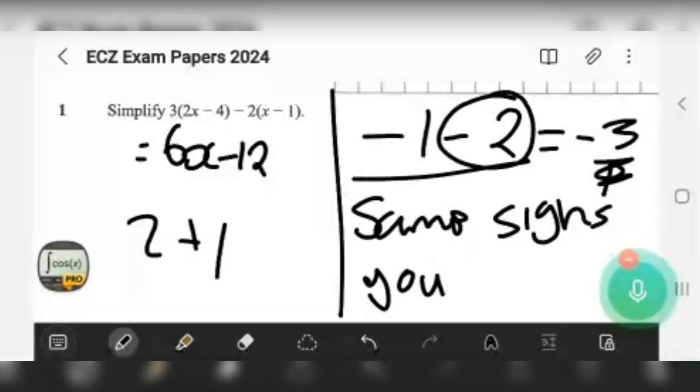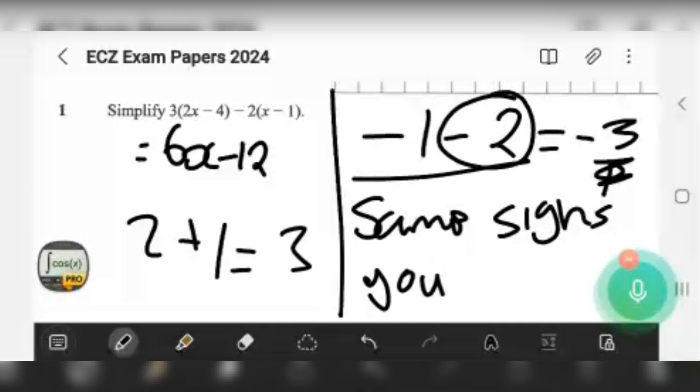Negative 2 is not bigger than negative 1, but forget about the sign and look at the number. I know negative 1 mathematically is bigger than negative 2. So if you say get the sign from the bigger number considering the signs, we are going to get from 1. But in this case, let's forget about the signs and just look at the number. Negative 2 has got a sign which is negative, so 2 is bigger than 1. So when we say 2 plus 1, what we're getting is 3.